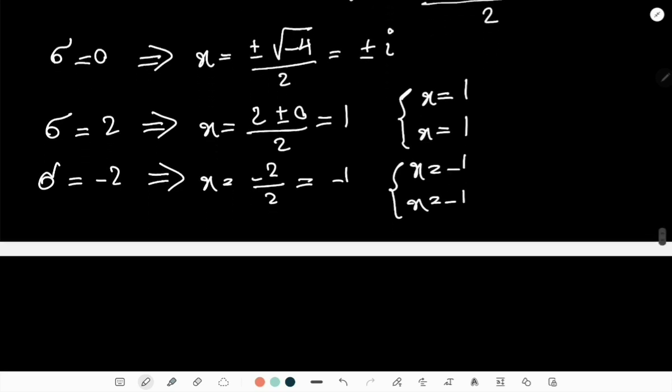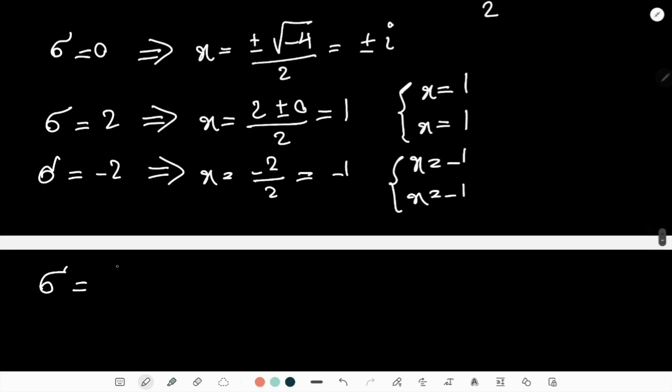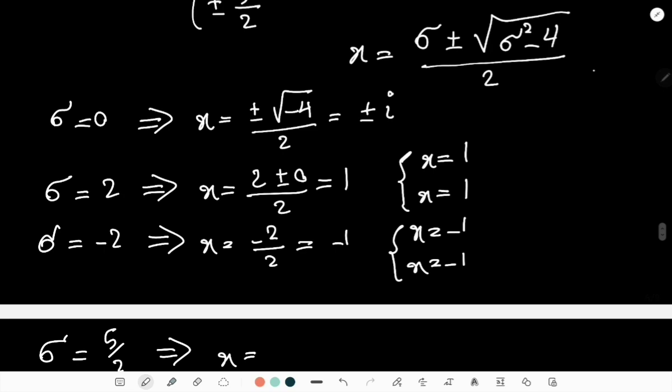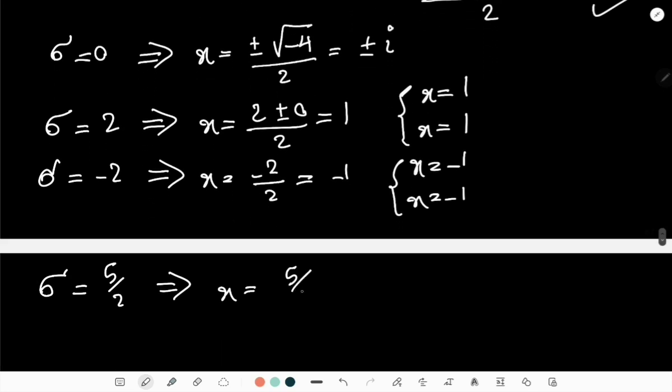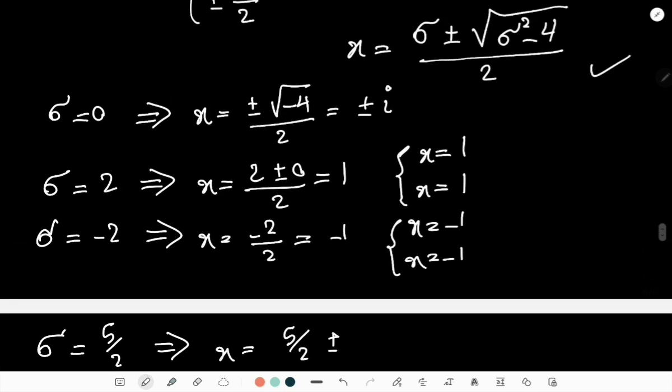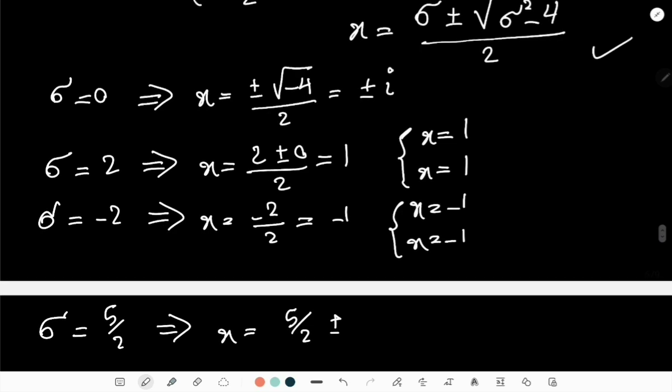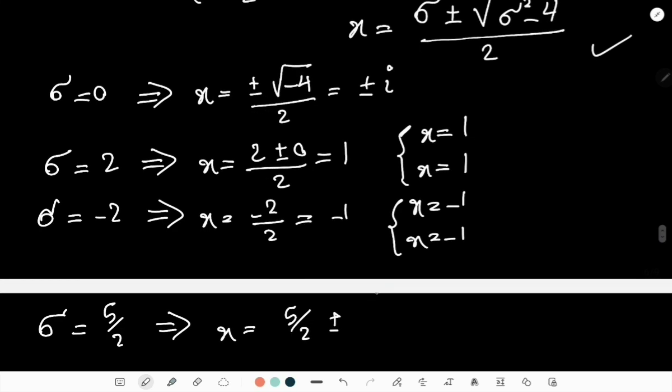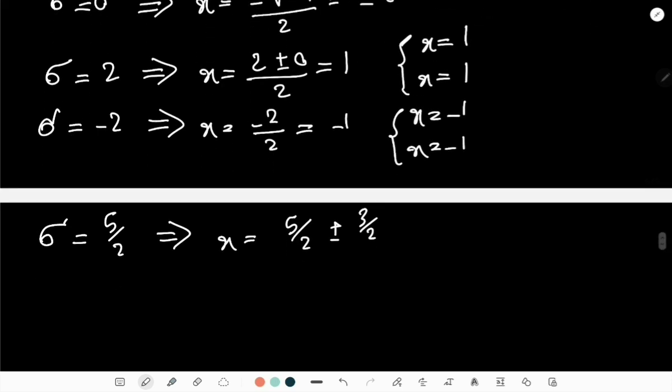And if I put sigma equal to 5 over 2, then I get x equals, according to this formula, 5 over 2 plus minus the square root of 25 over 4 minus 16 over 4, which is 9 over 4. That gives me 3 over 2, over 2 here.